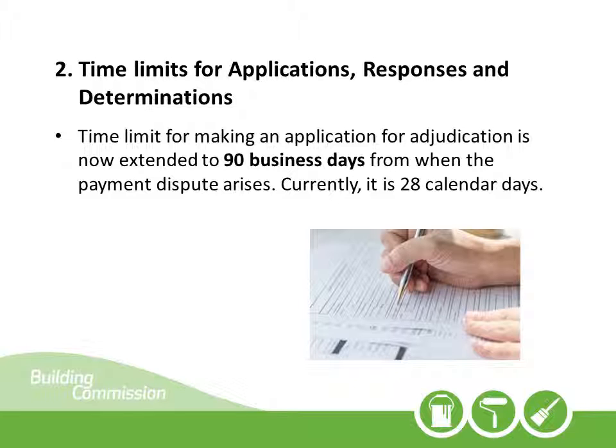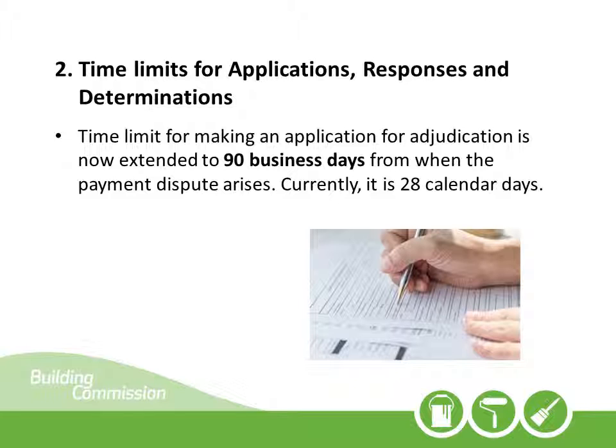It is also important to be aware of the transitional provision in Section 58 of the CCA. This transitional provision provides a limited window in which applications for adjudication that may have been time-barred prior to 15 December 2016 can be resurrected if an application can be made within the new 90 business day limit.